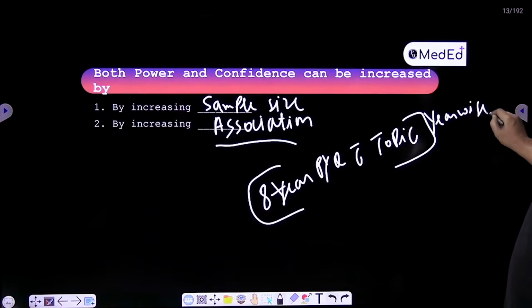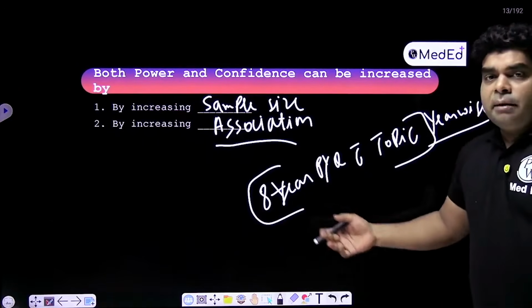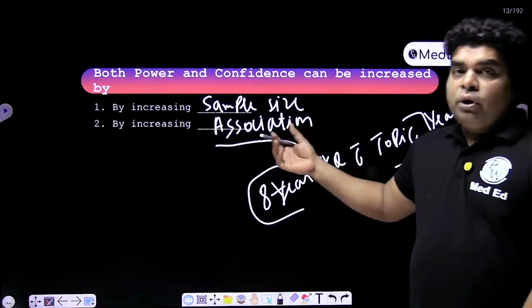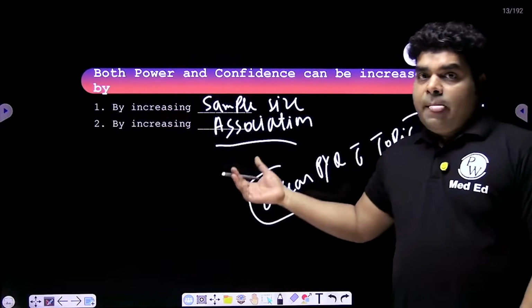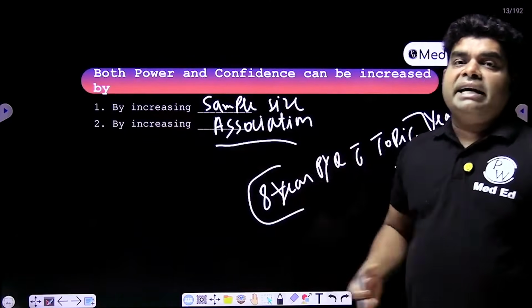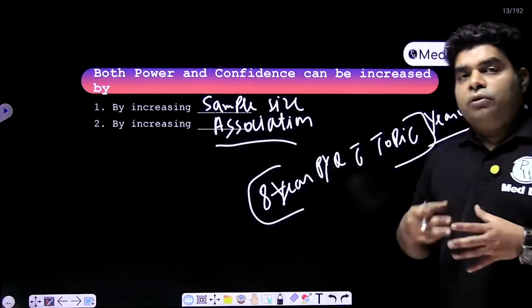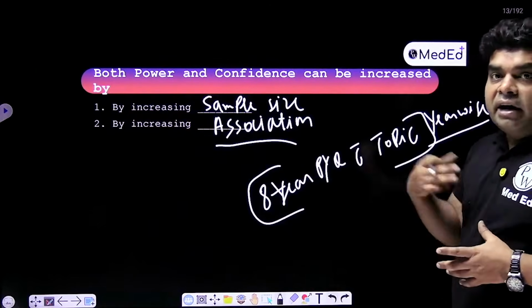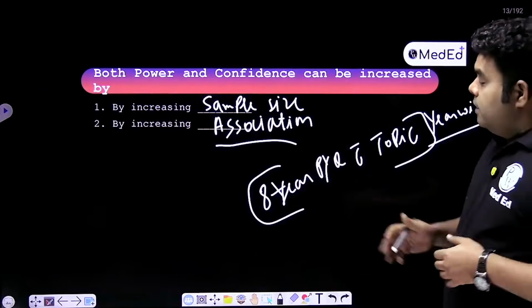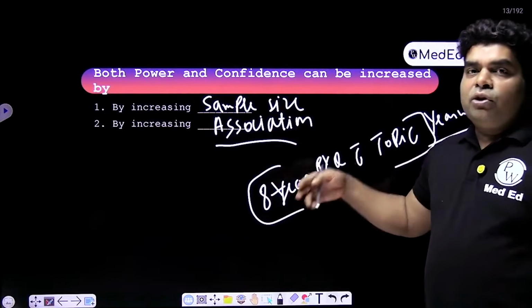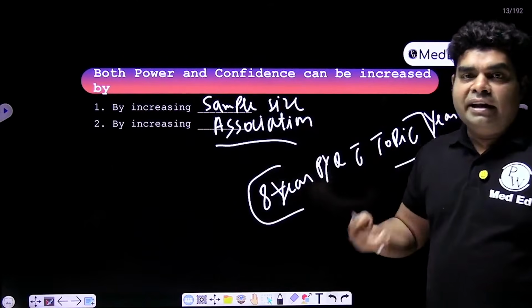These PYQs and their topics are where real exam questions come from, so they are associated with the real exam. Also, if you do the PYQs, your sample size will increase. You will know what your score is and you can work on improving it. You can know which areas they are asking again and again and focus on those areas. So by doing 8 years of PYQs, your sample size and association will increase and therefore you will have more power and confidence in clearing the exam.